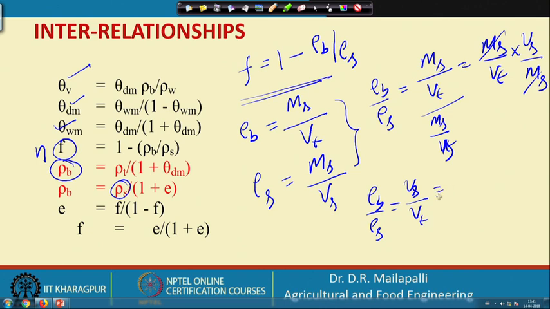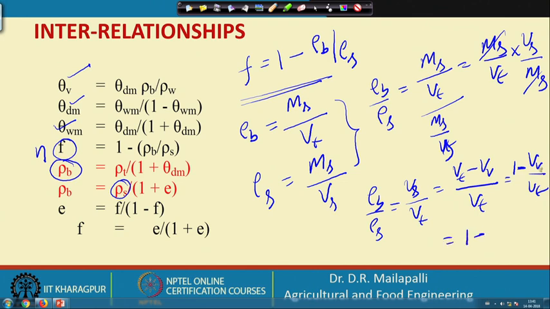Then V s can be written as V t minus V v, because total volume minus volume of voids gives the volume of solids. Divided by V t, this gives 1 minus V v by V t.